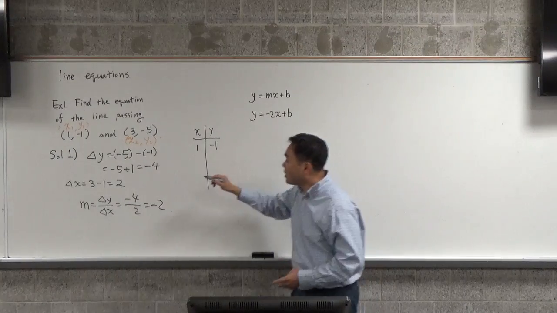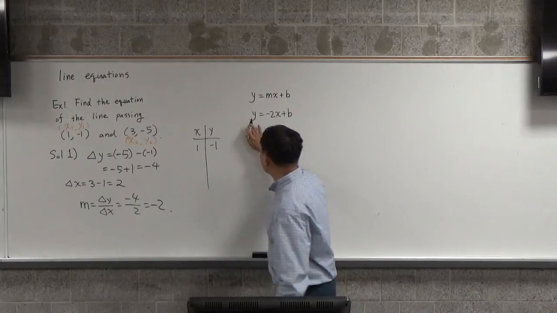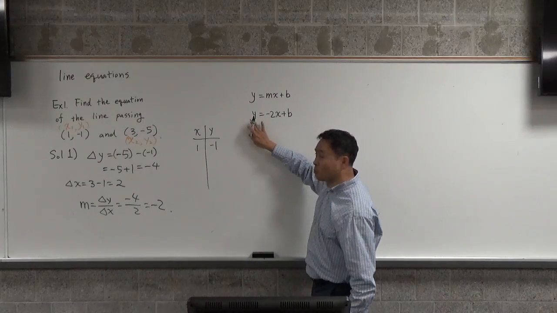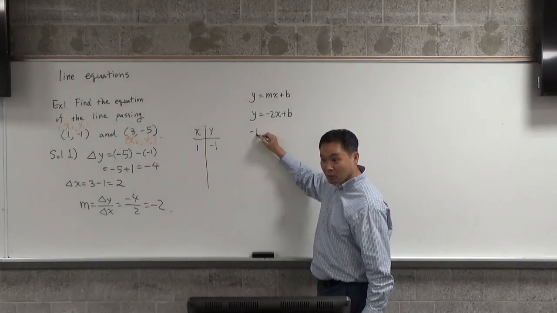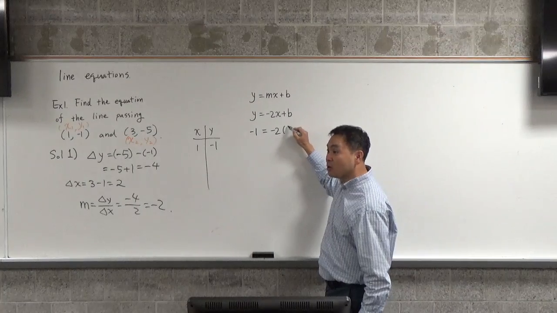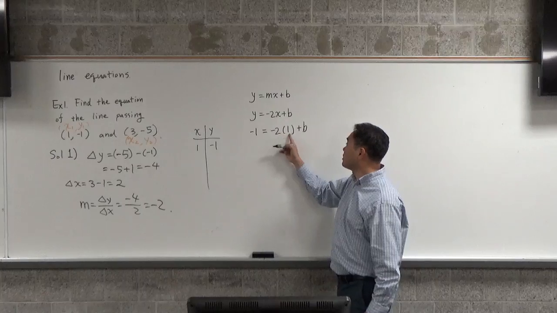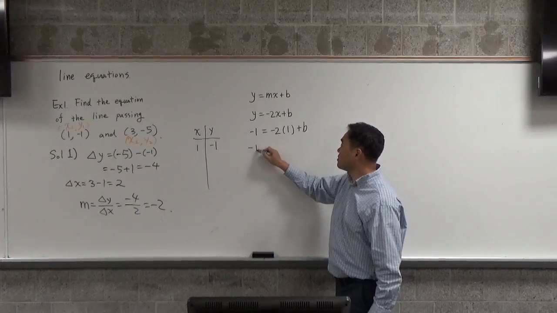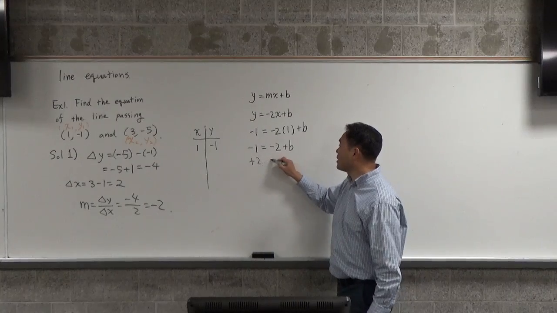We're just going to take this x1 and y1 and plug x into here and y into here. So y has to be -1 equals -2 times 1 plus b. Right? -2 times 1, anything times 1 is itself, so it's -2 plus b. Add 2 to both sides.